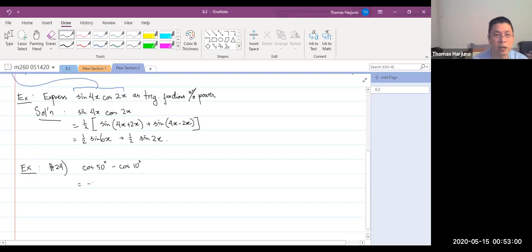That's -2 sine of half of the sum, sine of half of the difference.